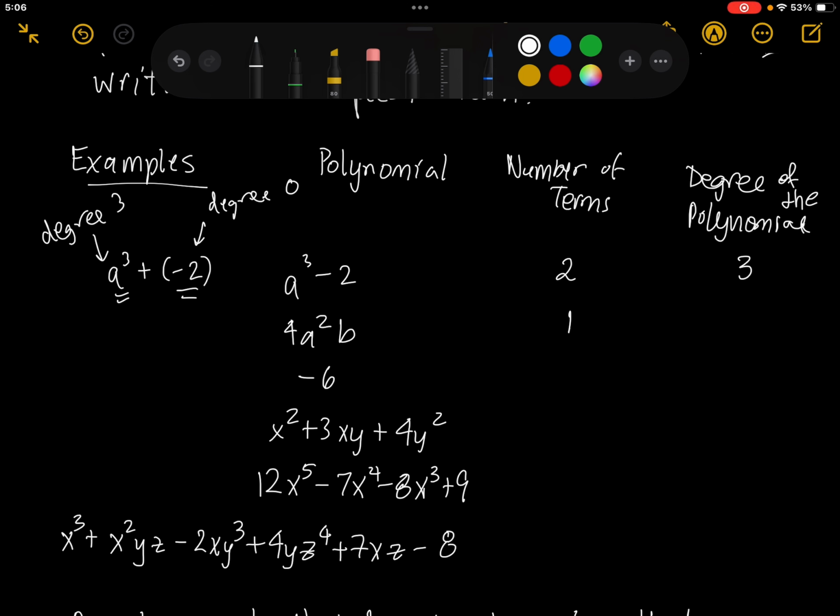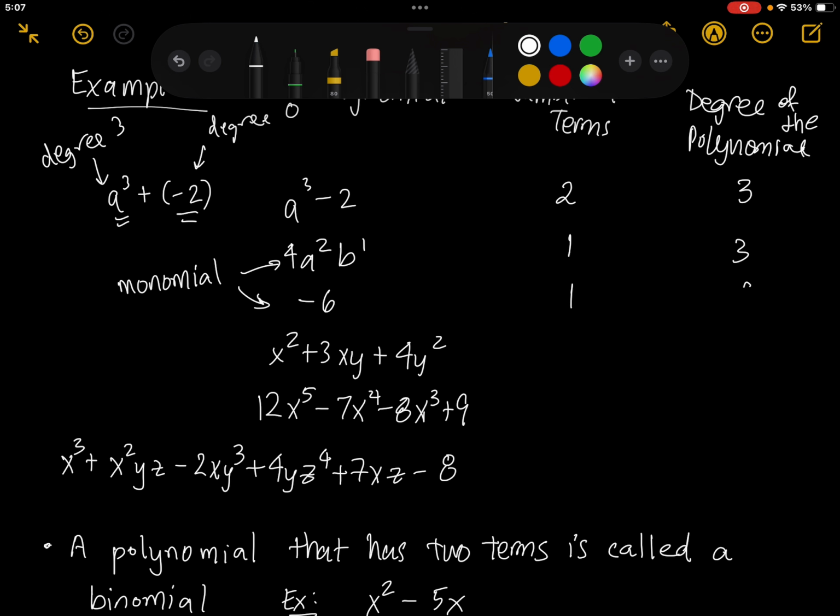So I'm looking at this as a monomial. And so the degree is 2 plus 1, which is 3. Again, because I have an a squared, that's 2, and then b to the first power, that's 1. 2 plus 1 is 3. Okay, the next one is also a monomial. Negative 6 is a monomial. That has 1 term, and the degree is 0.